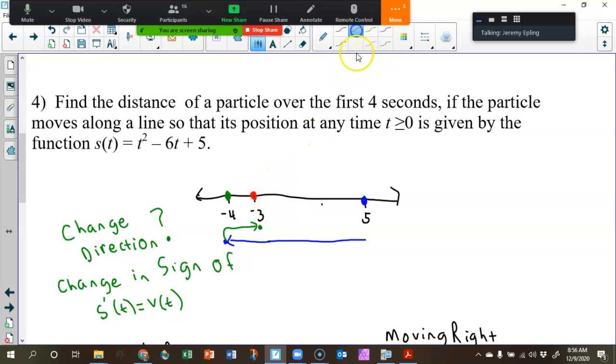Oh, well, okay. So that means to the left, I moved 9 units. And then I moved 1 unit to the right.